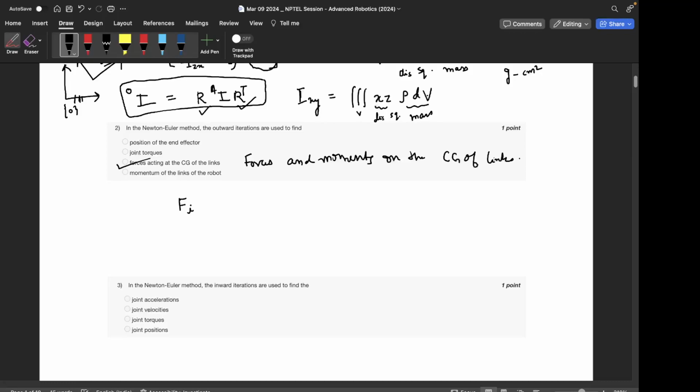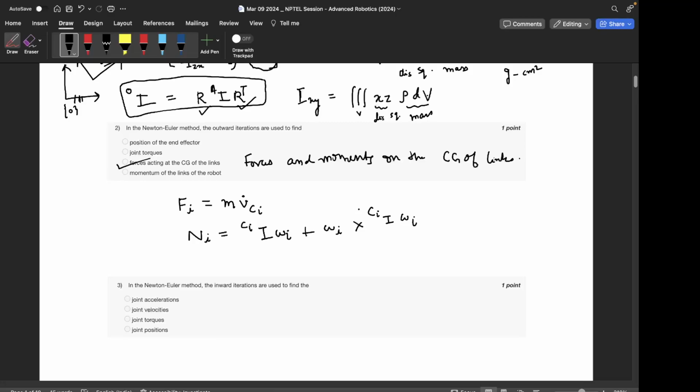And the relevant equations are Fi equals m v dot Ci, and Ni equals Ci I omega i plus omega i cross Ci I omega i.